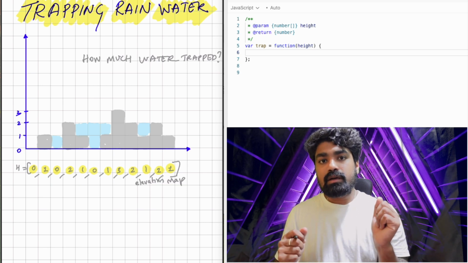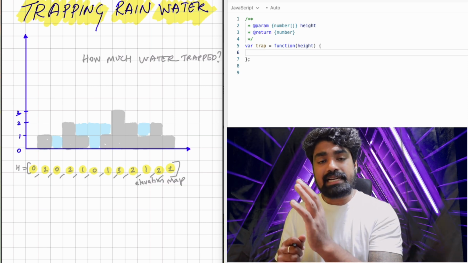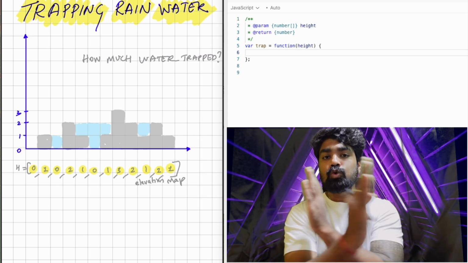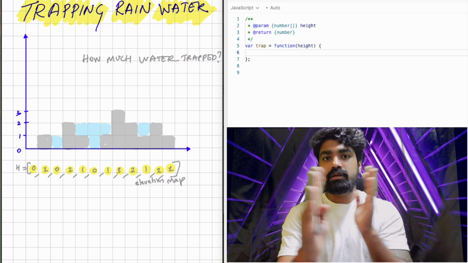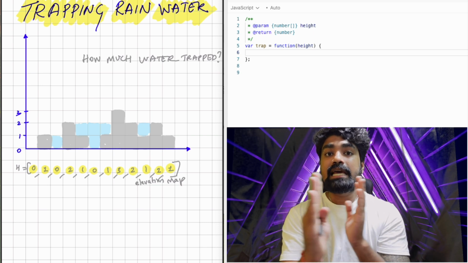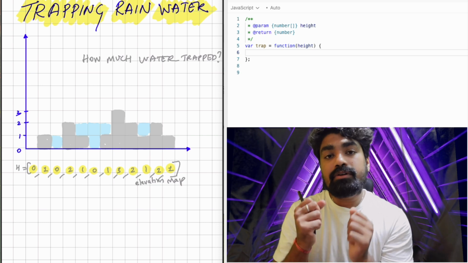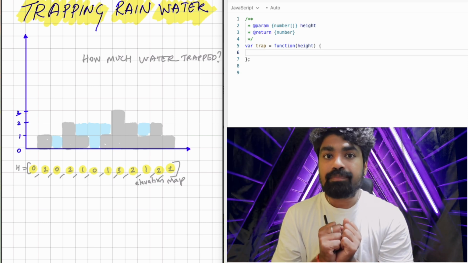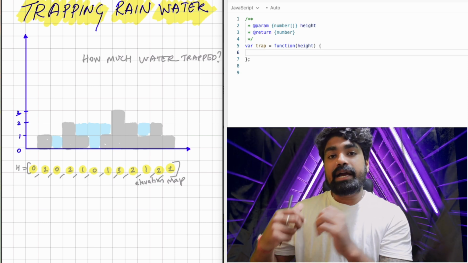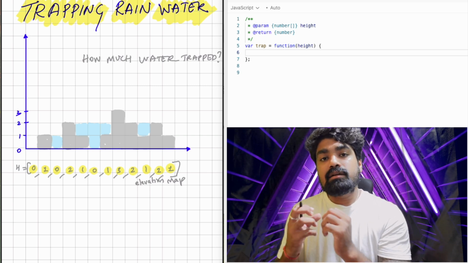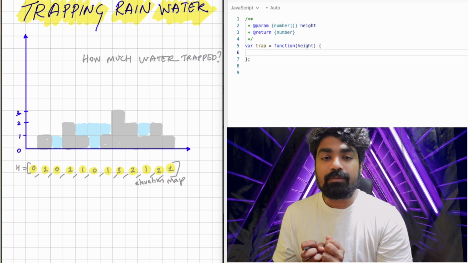So you go from left to right and from right to left, and these two arrays will have the highest at that specific index. From these we will pick the minimum value and then see it against the elevation map that we have received and try to get a value.